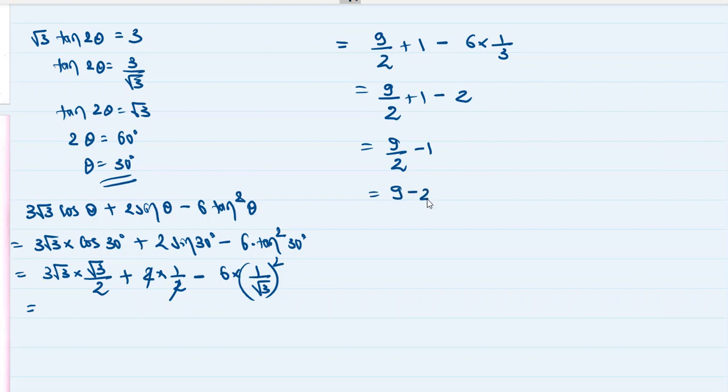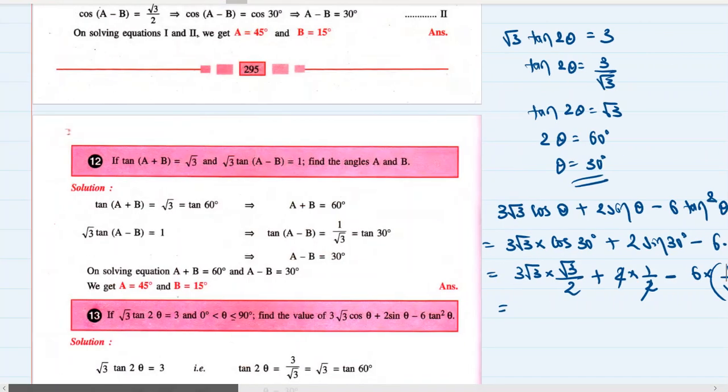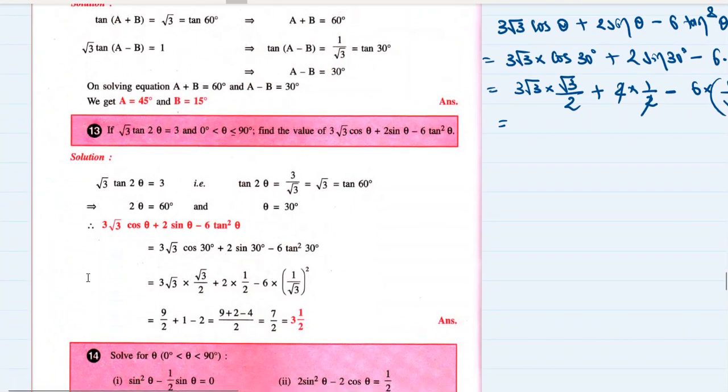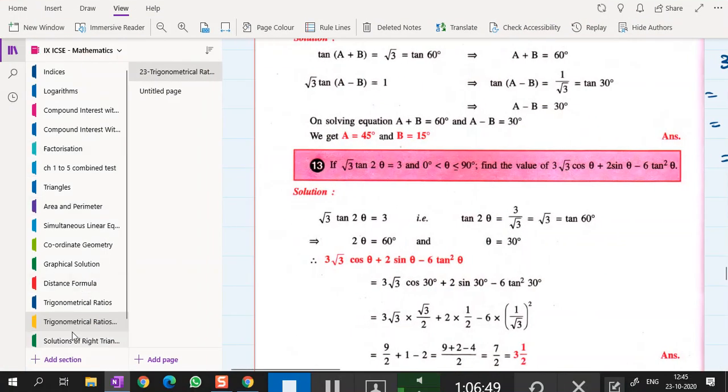So 9 minus 2 by 2, which is 7 by 2. Okay, so that's the evaluation. Okay, 7 by 2 can be written as 3 1 by 2. Let's check the answer. Yes, it is 3 1 by 2. Okay, so that was the second last question. Let's go to the final question of the chapter, 14th question.